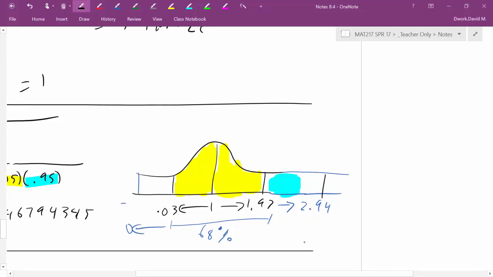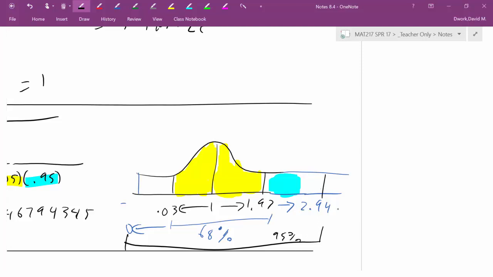That gets us to the 68, 95%. So if this is 95% of the population, that means 95% of the people who play the game are going to win somewhere below 3 prizes.